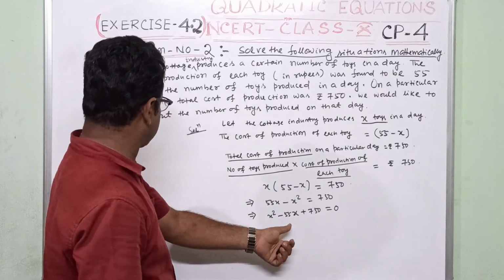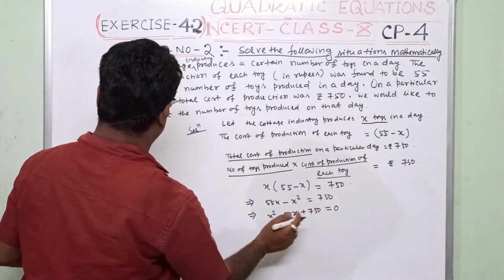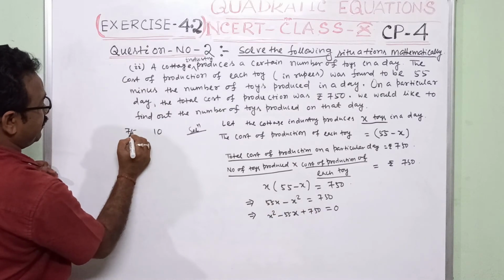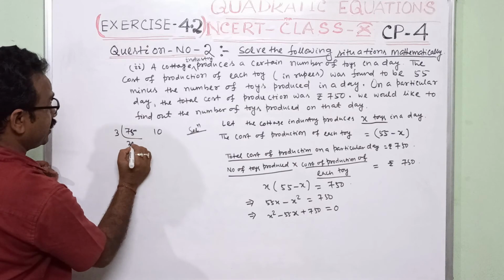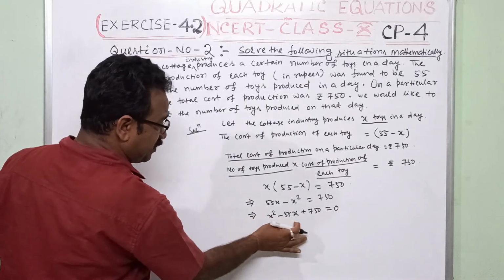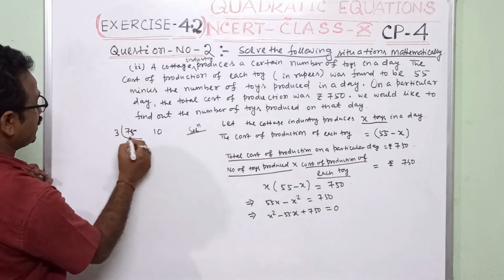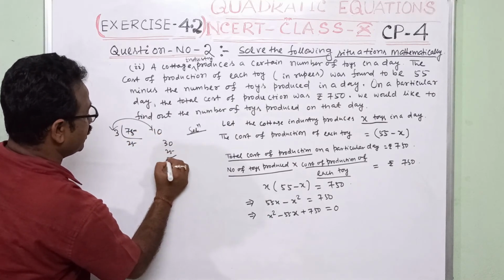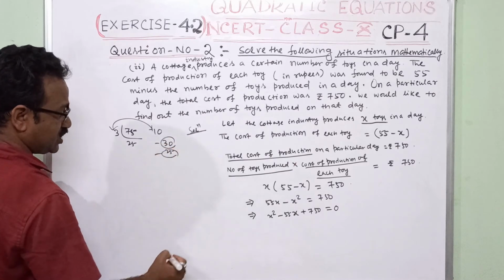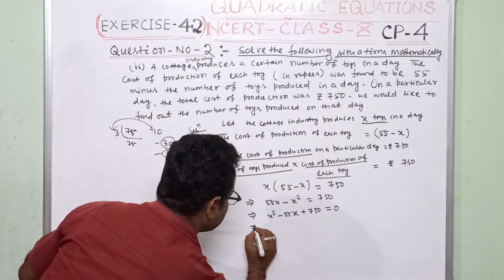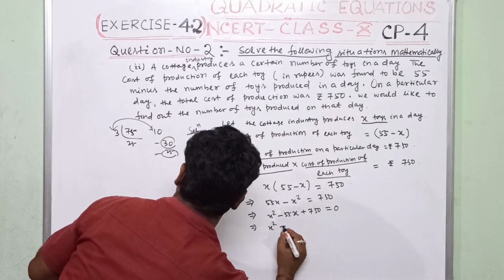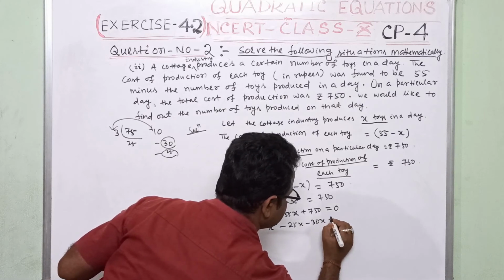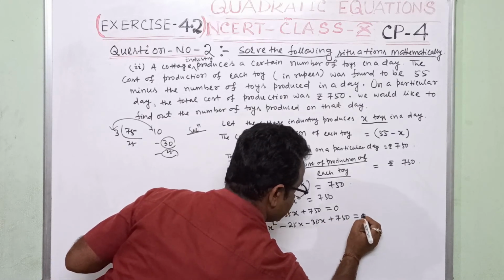Now by method of factorization we will get how much? 750: 10 is a factor, 75, 3, 25. We require minus 55, so both are minus. Yes, we are getting 25 and 30. So that implies x square minus 25x minus 30x plus 750 is equal to 0.